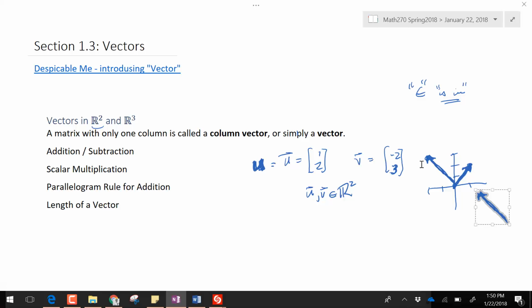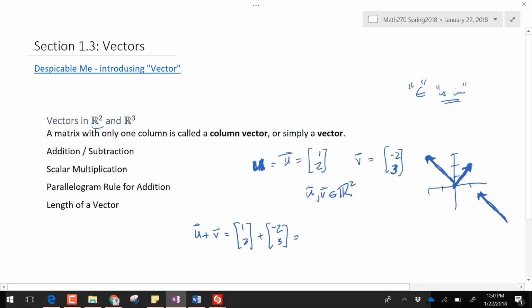So those are vectors. We can add and subtract vectors, and adding and subtracting vectors require component-wise addition or subtraction. That seems simple enough to handle.